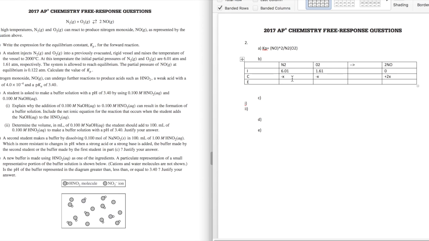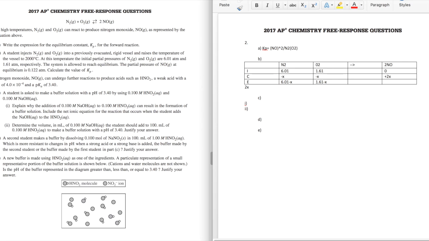Then, as we always do, for equilibrium we take the partial pressures and subtract: 6.01 minus x, 1.61 minus x, and this is simply 2x.